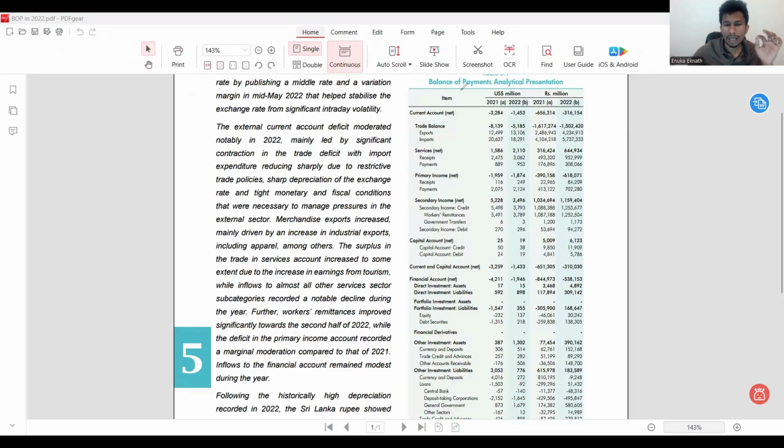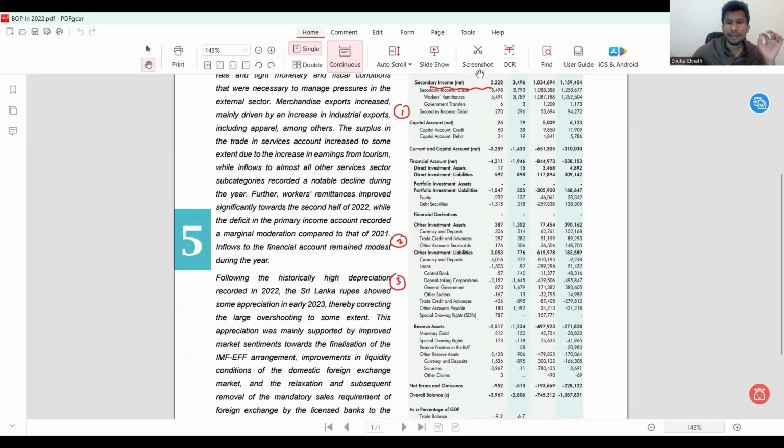So if I show you the main accounts that you get in this balance of payments, the first main account is the current account, then we get the capital account, we have the financial account, and here look at this one.